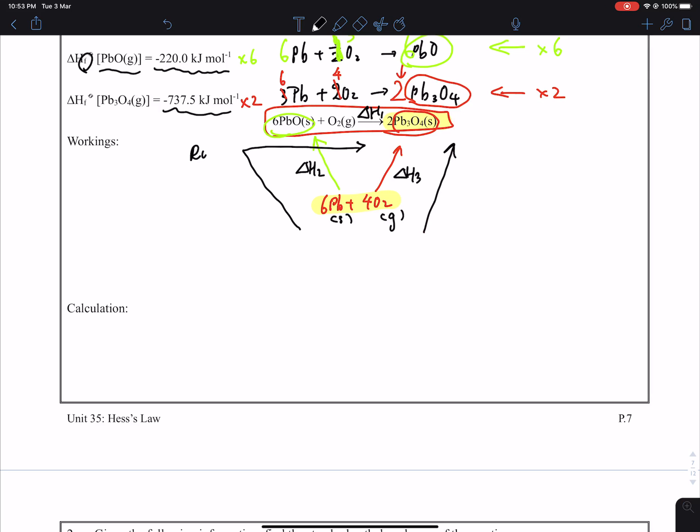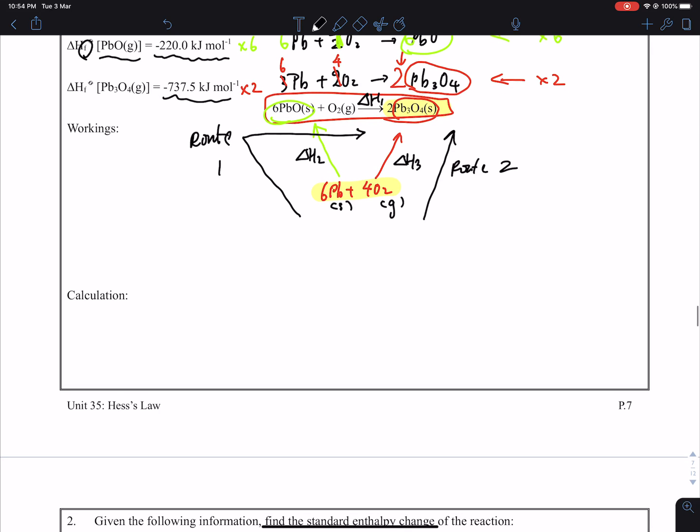This is route number 1, route number 2. That means delta H2 plus delta H1 equals delta H3. And what we are calculating is delta H1, so delta H3 minus delta H2.